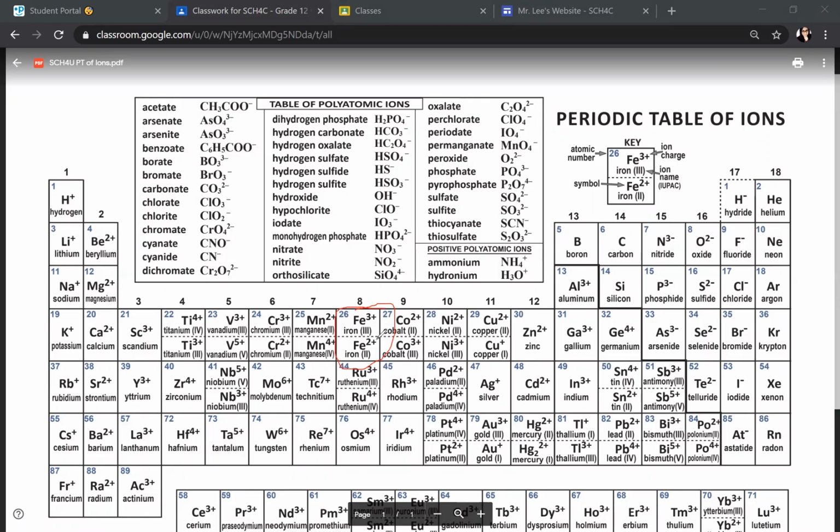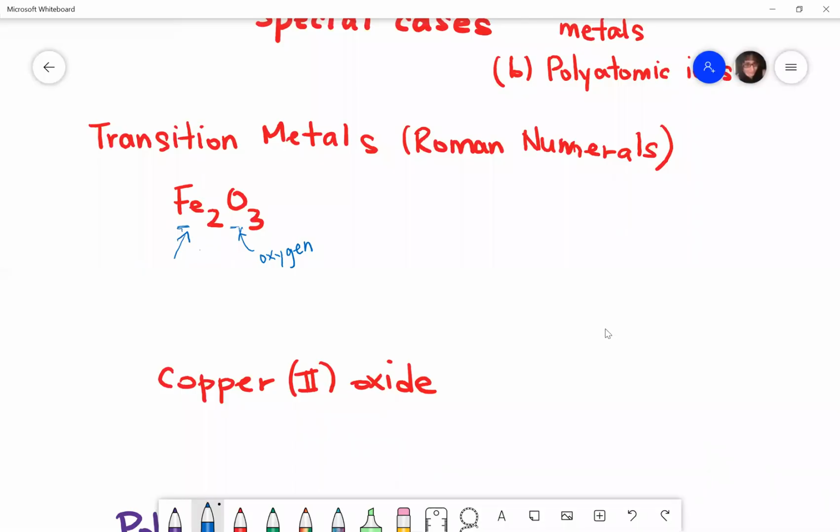So which one are you supposed to use? You're also going to look for the O. So we have oxygen, oxide, and that's an O2 minus. So let's go back and write these things down. We know oxygen is O2 minus, and this is an oxide.